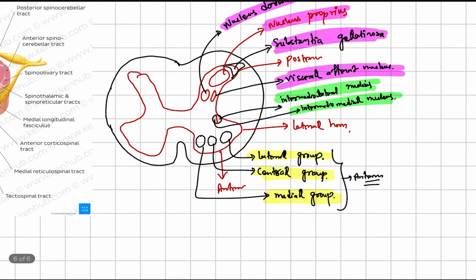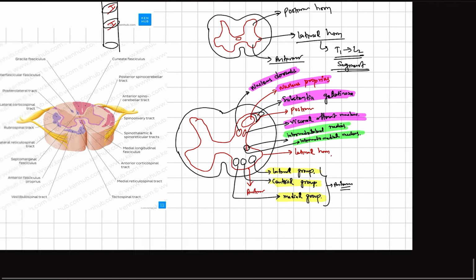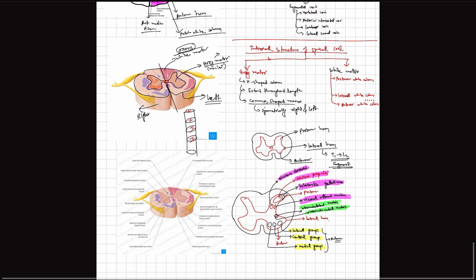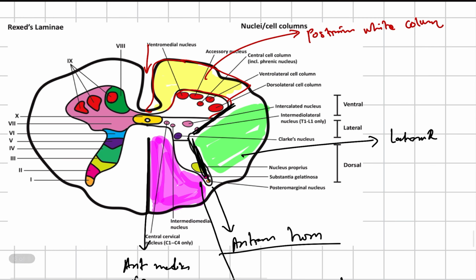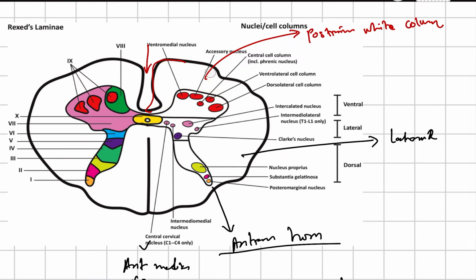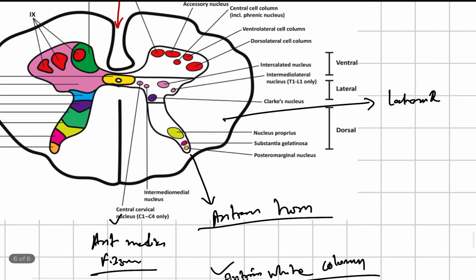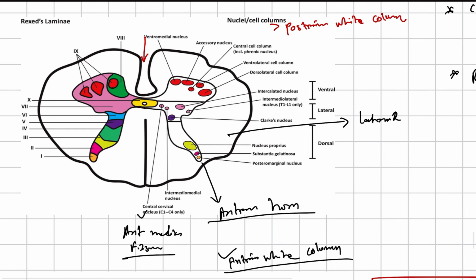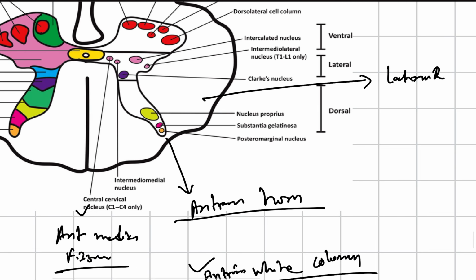Moving on to the lateral horn. When we look at this image, there is a posterior marginal nucleus. We forgot to mention that in the image. After that, substantia gelatinosa, then nucleus proprius.